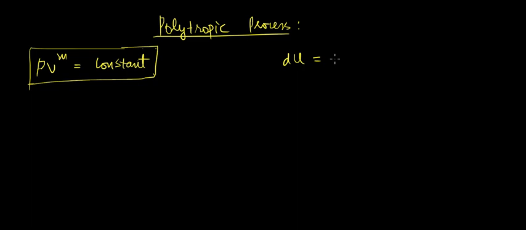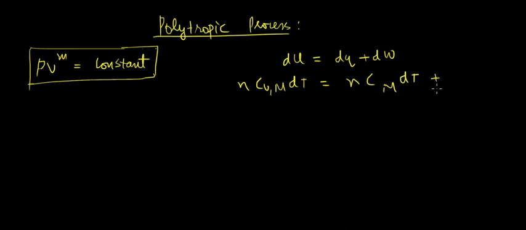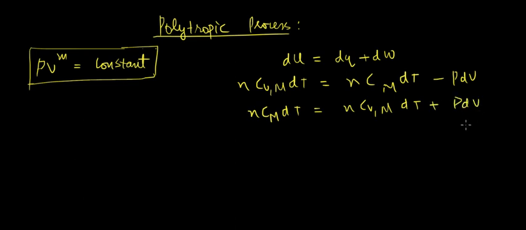We already know that dU equals dQ plus dW. So dU can be written as n Cvm dT, which would be equal to n Cm dT, which is the molar heat capacity, plus dW can be written as minus PdV. Okay, so from here we can write n Cm dT would be equal to n Cvm dT plus PdV.